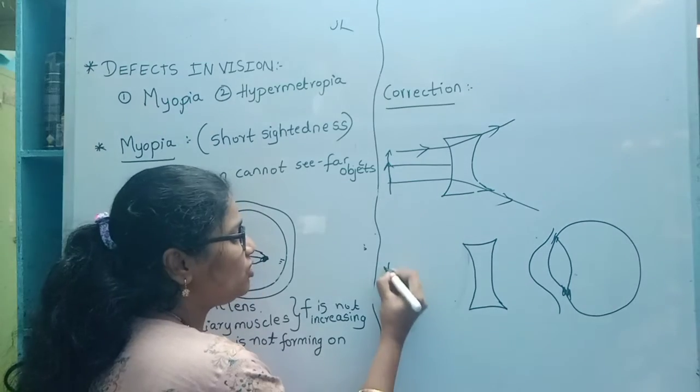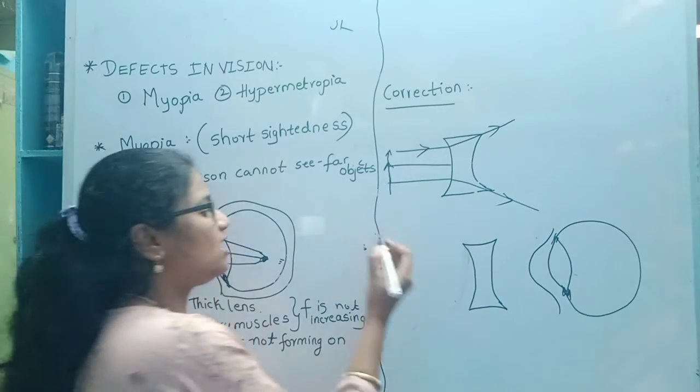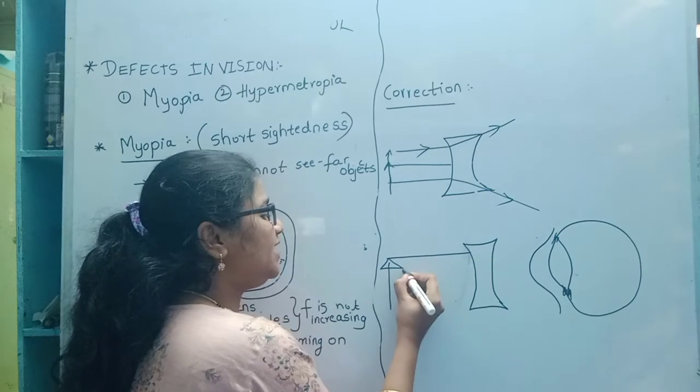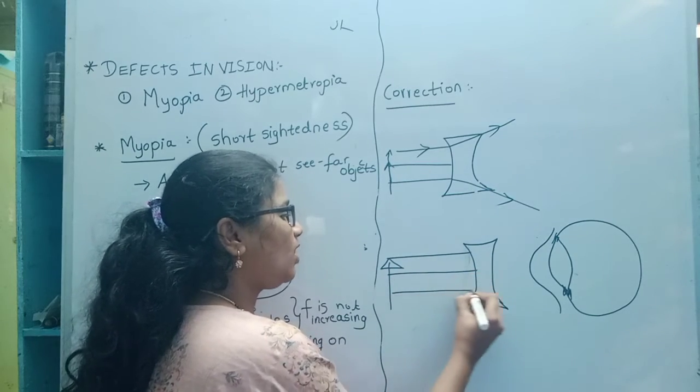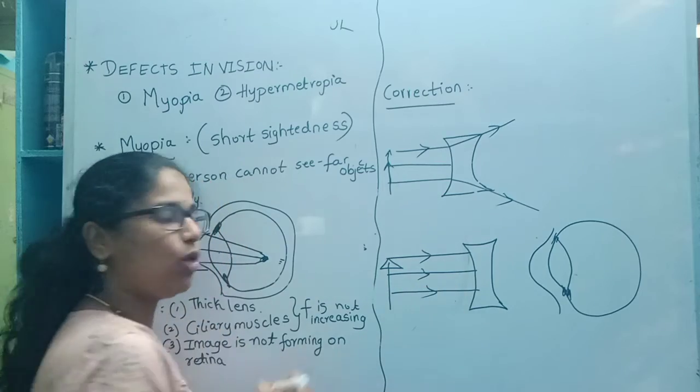The light rays coming from the far objects will be incident on the concave lens first.